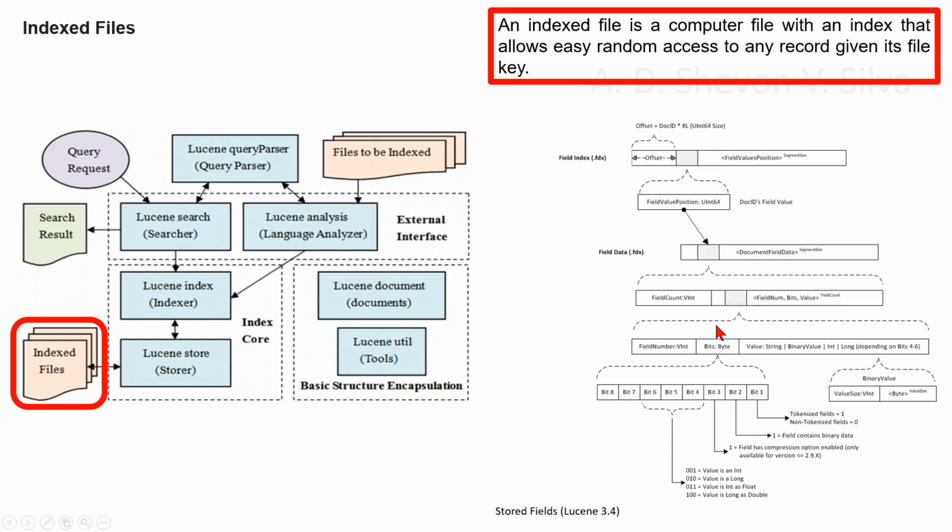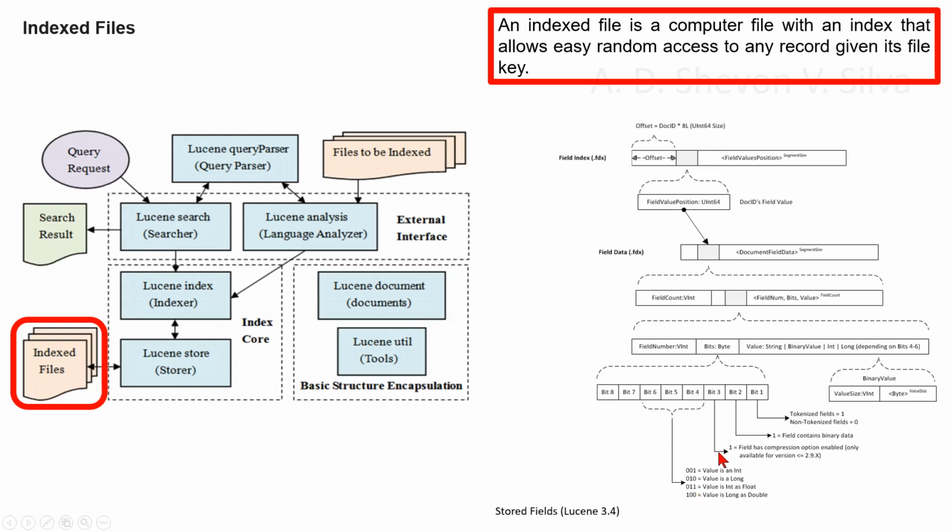This section consists of the field number vint and the bits byte, and it consists of bit 8, then bit 7 to bit 6, and bit 5 and bit 4. 001 means the value is an int, 010 means the value is a long, 011 means the value is an int as float, and 100 means the value is a long as double.